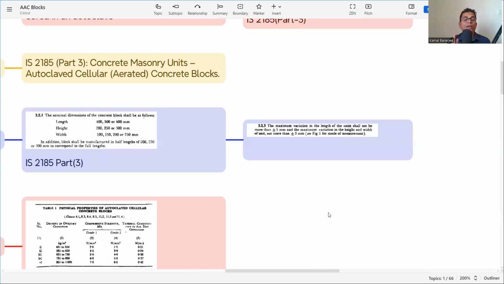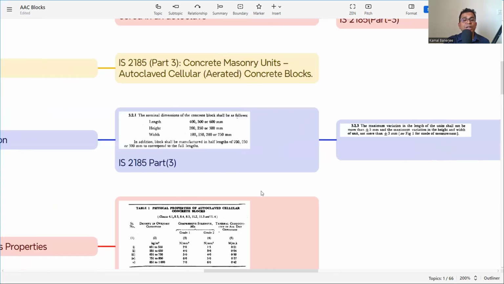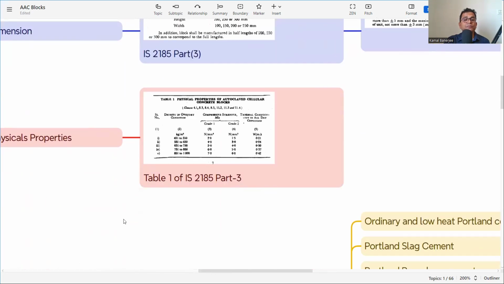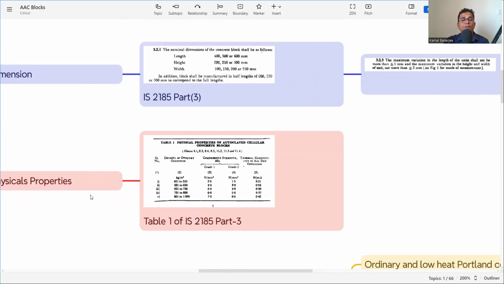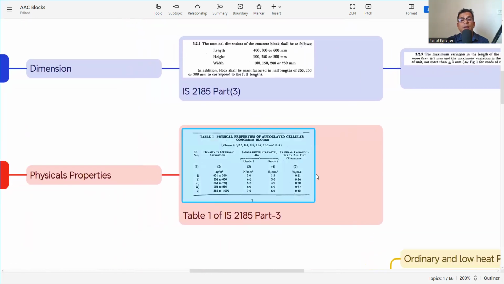So these are my specified dimensions and these are my tolerances. Whenever we are getting the block at the site or manufacturing at the factory, we need to check the dimensional tolerance. It should be within plus minus 5 and plus minus 3.